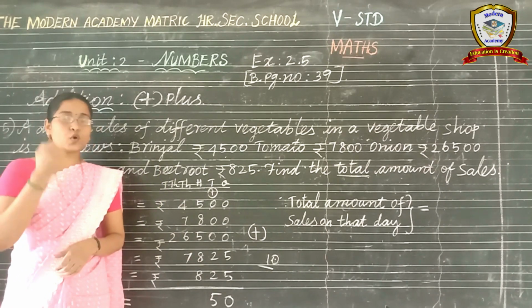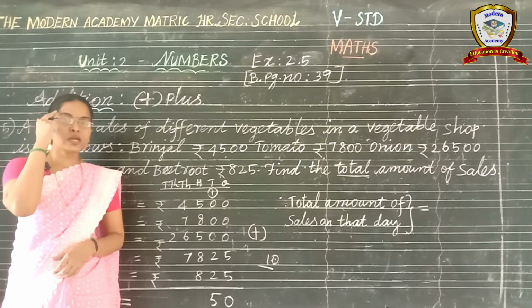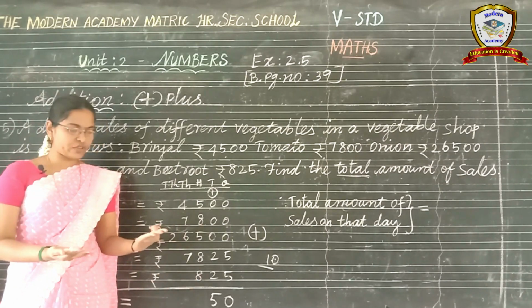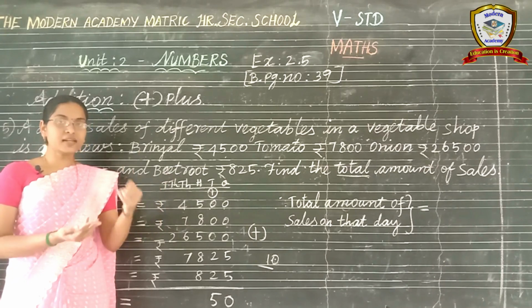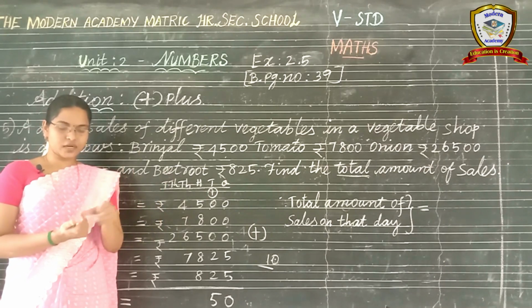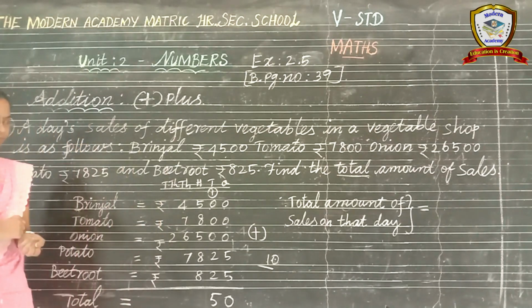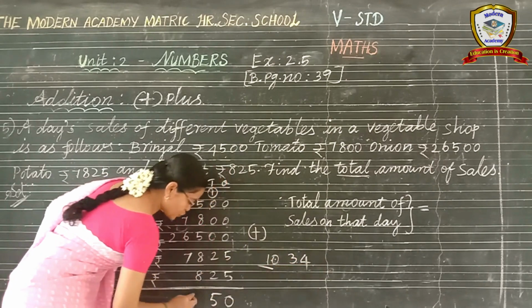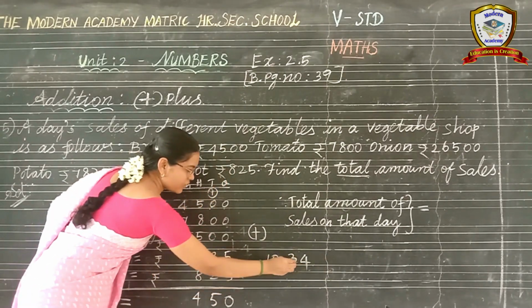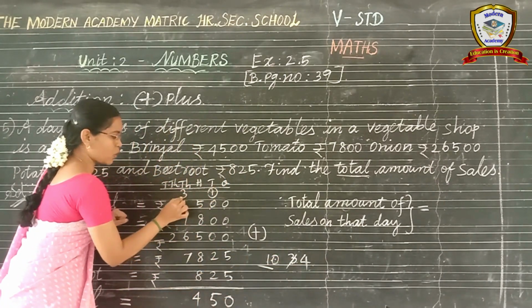Now 26 you have to keep in your mind. 26 in the mind, 8 in the fingers. So 26 after, 27 28 29 30 31 32 33 34. Okay, so 34 means 4 you should write down. Next, 3 you have to carry over to the 1000 place.